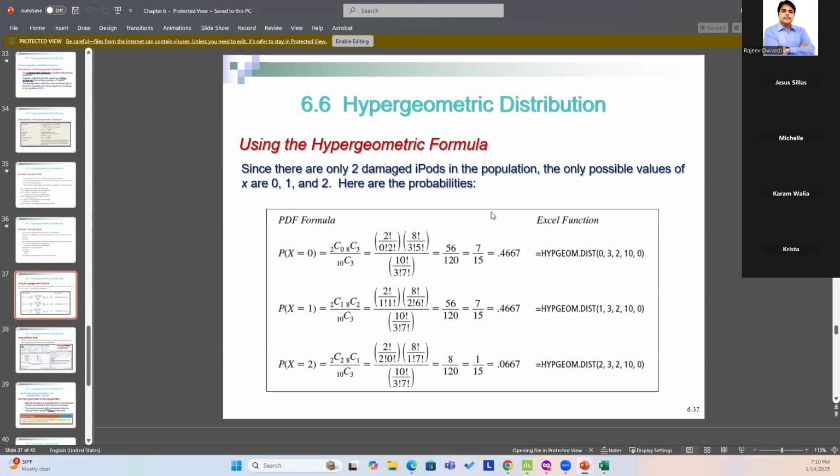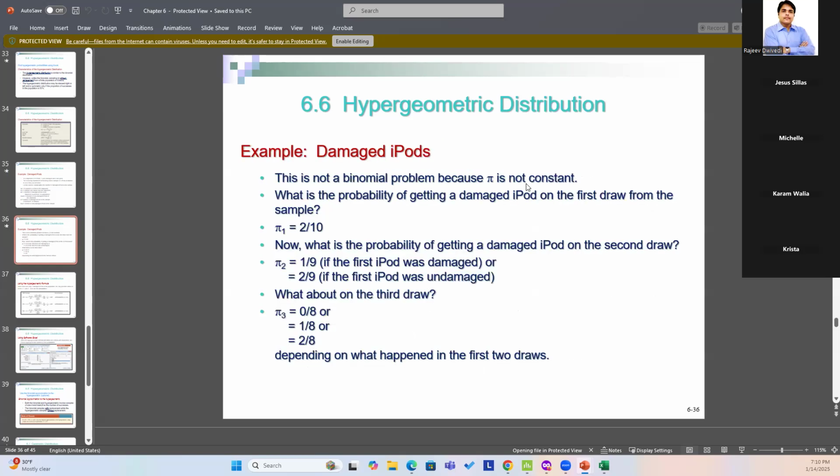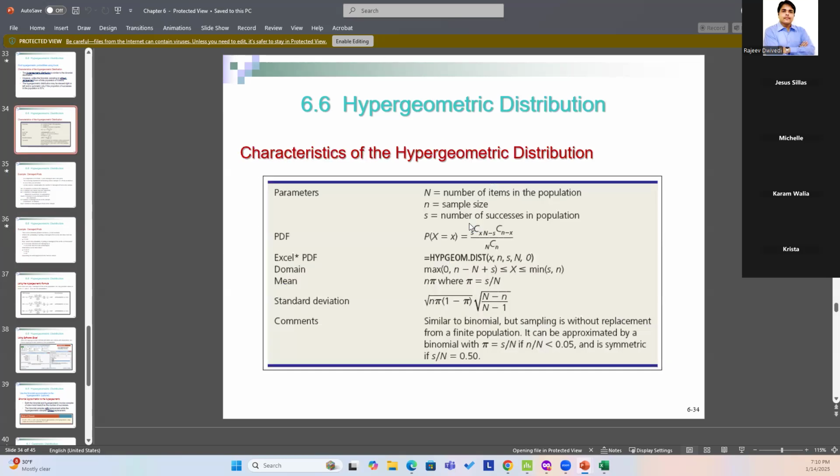So what is the difference between this and binomial? Binomial doesn't have a finite population. Most important thing, this distribution can be treated as a binomial distribution. Why?